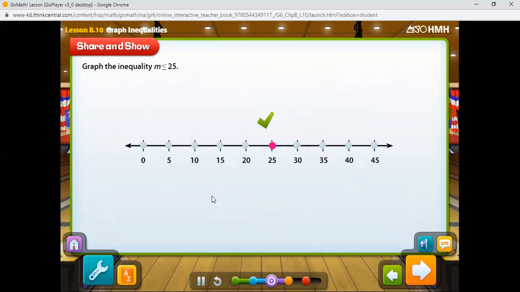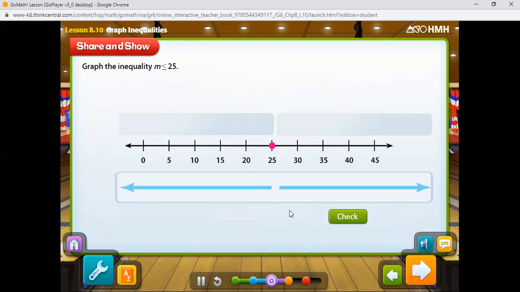Correct. The filled-in circle should be placed at 25 because the endpoint, 25, is a solution. Now, determine if the graph should be shaded to the left or the right of 25. Drag the line pointing in the correct direction above the number line to show the shading.